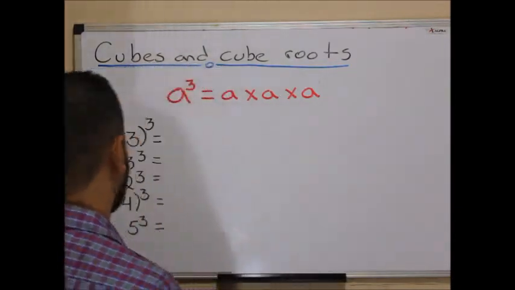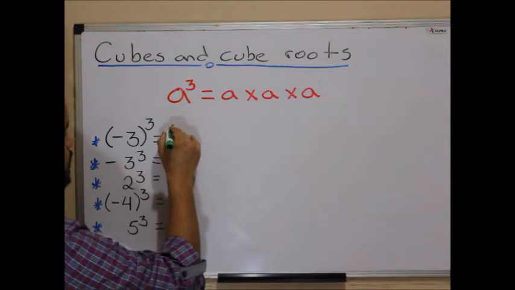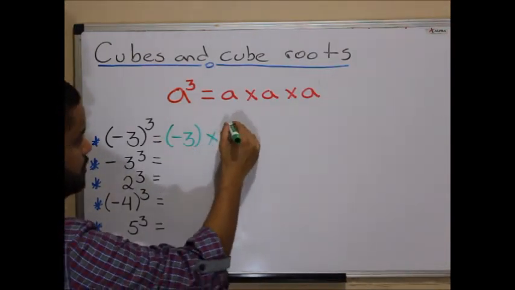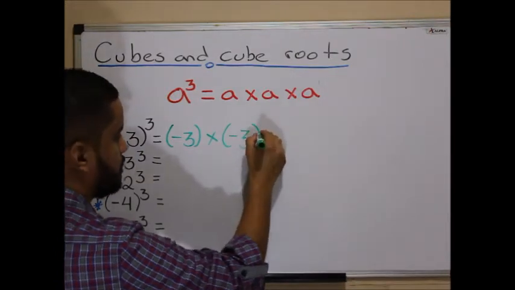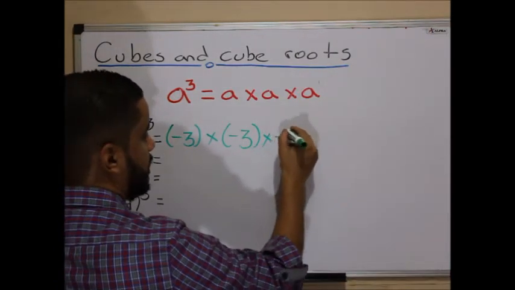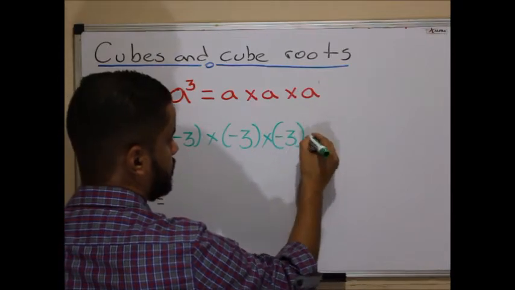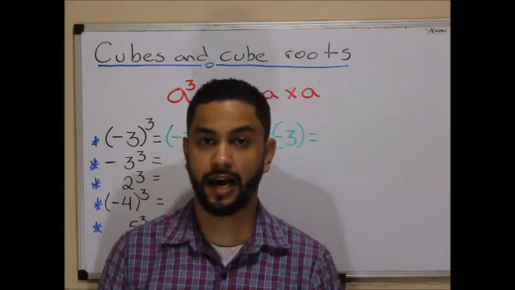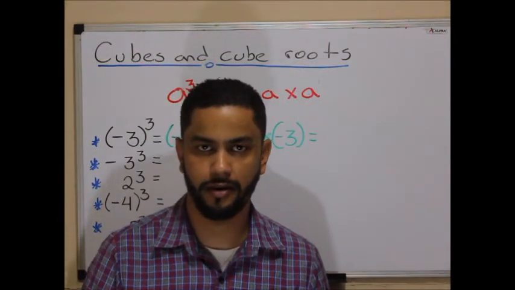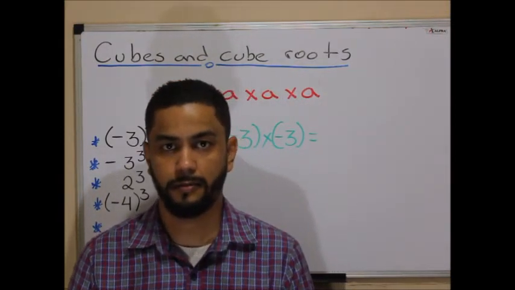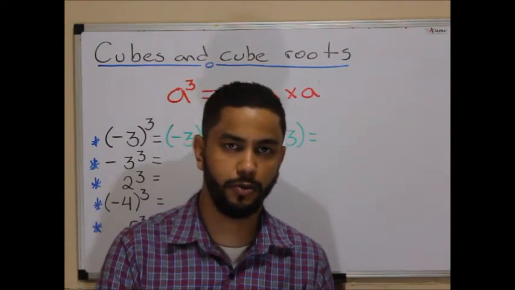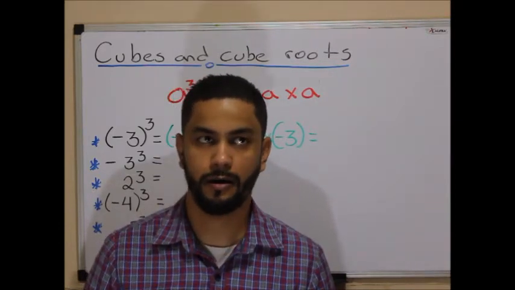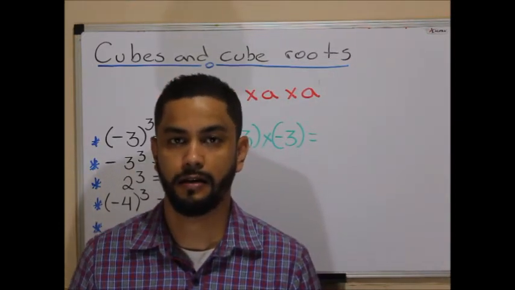So we're going to have -3 times -3 times -3. We're going to start working with the negative sign to see what will happen, because our answer will be different from when we work with the square numbers.